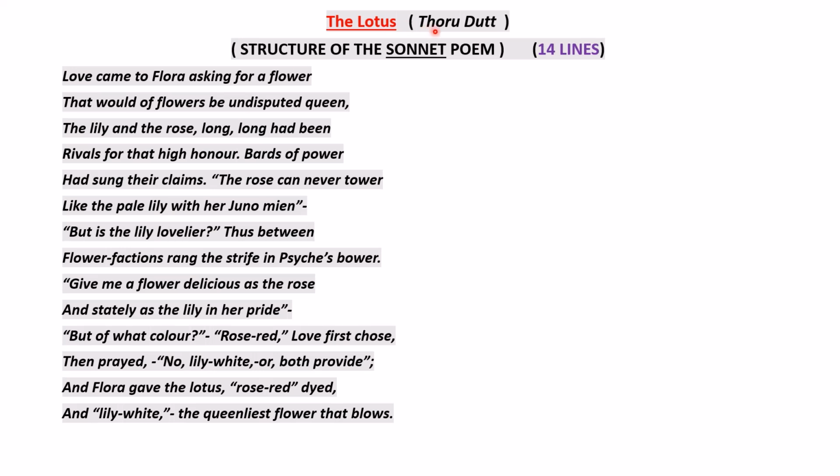Now, coming to the structure of the poem, this is a poem of 14 lines, and any poem which is written with 14 lines in it is called a sonnet. You have already learned a sonnet in your first year, students. So, how is the structure of this poem? The first 8 lines are called the octave, and in those 8 lines, you come across a problem or a situation being discussed.